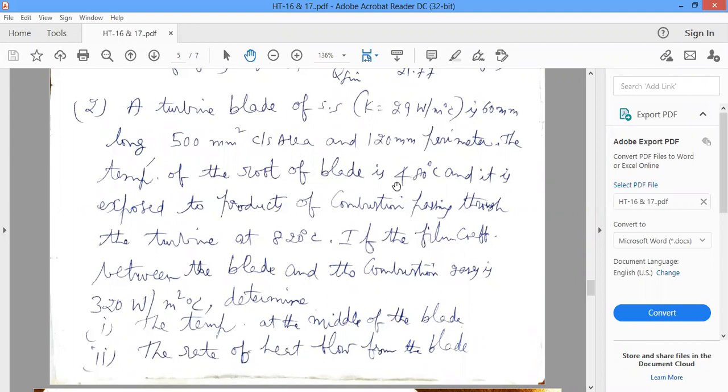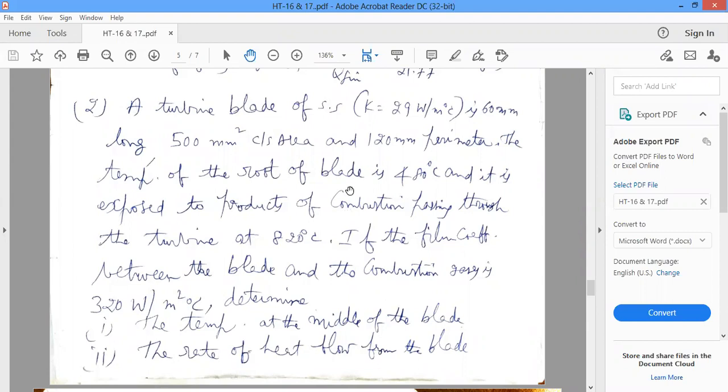The temperature of the root of the blade is 480 degrees centigrade. That is the temperature at the base or at the root, T0, 480 degrees centigrade. And this turbine blade is exposed to products of combustion gases.